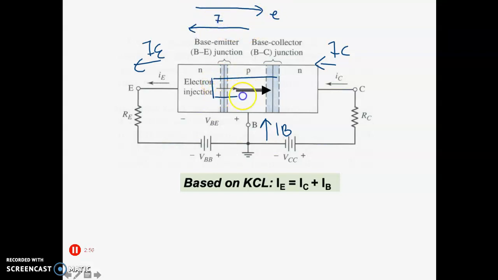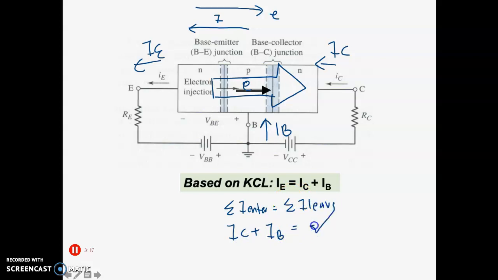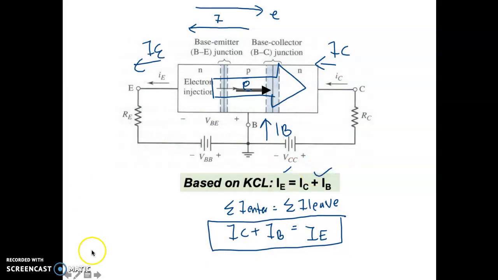In this case, for your NPN, the movement is electron, that's why your current is on the opposite side. So the current entering the whole junction is IC plus IB, and leaving the junction is your IE. You can get the second equation of your BJT: IE equals IC plus IB.